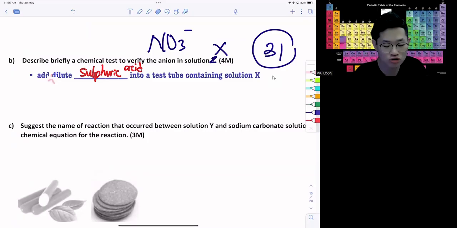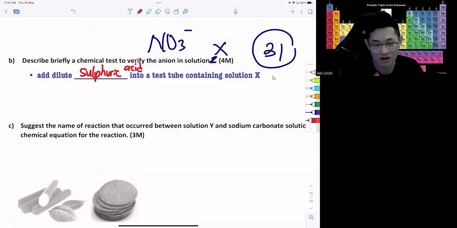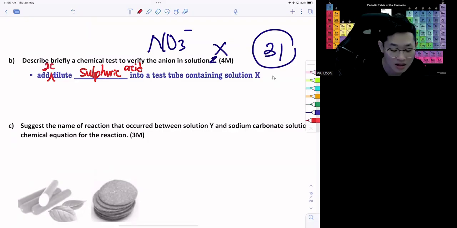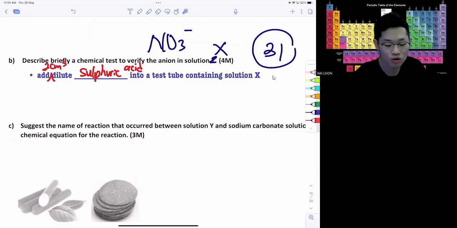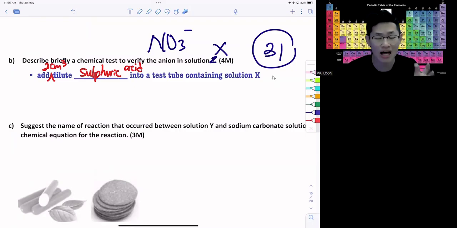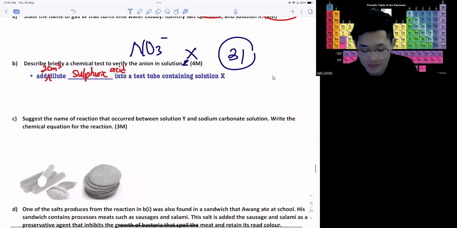So I don't want you to mark it with just the blue pen you are using. If you can use a different color like red pen, it will be better. So remind yourself, you always have to mention the volume that you are going to use in the test because you are teaching people how to do the test. So I add 2 cm³ of the dilute sulfuric acid into the test tube containing the solution X.